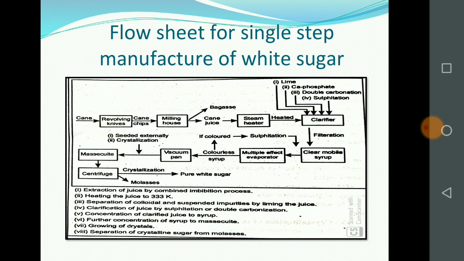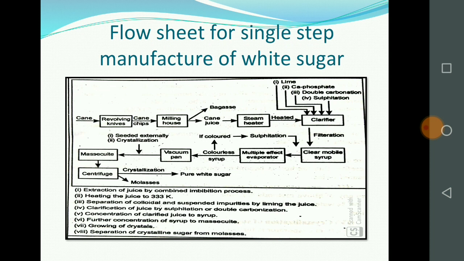The steps involved are very much similar to those discussed earlier, so we will take a brief account here. First is the extraction of juice. The cane juice is extracted by the compound imbibition process discussed earlier.